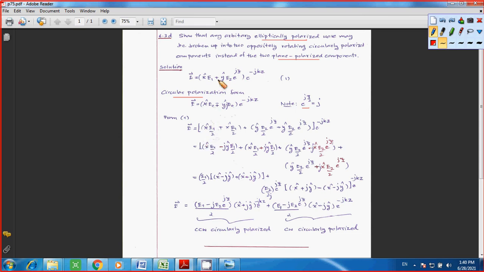Okay, so from 1, you just break this one apart. I break it half and half of E1, so I have unit vector x E1 over 2 plus unit vector x E1 over 2. That gives you back E1. Same as for y.